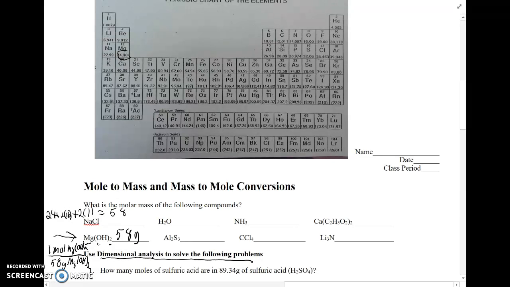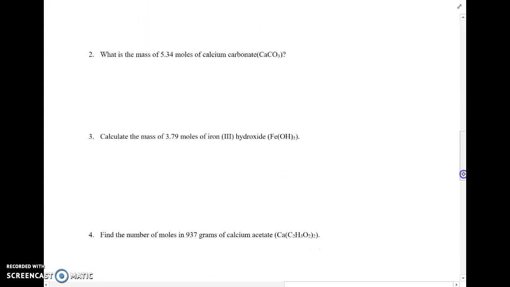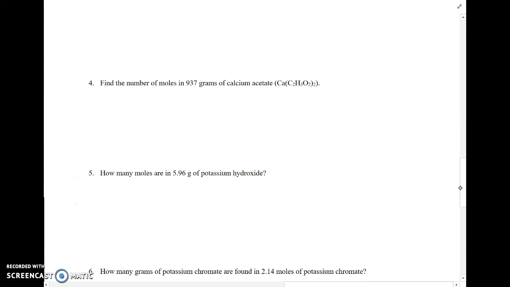So let's scroll down and look at, let's say, problem number 4. Find the number of moles in 937 grams of calcium acetate. I'm going to start like any other dimensional analysis problem, any other mole problem.